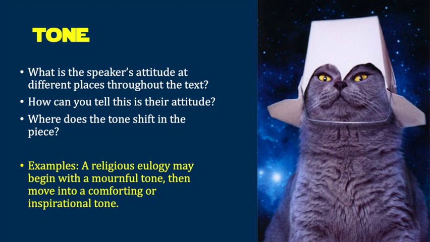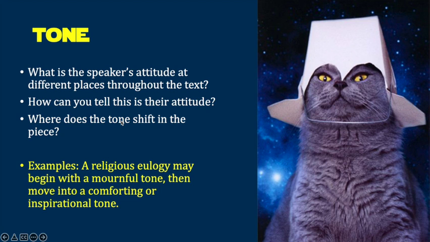All right, and then finally, tone. So, what is the speaker's attitude at different places throughout the text or talk? Just remember whenever we're referring to text, it may be something written, it may be spoken, it may be a visual image, but we're just using text as anything. How can you tell that this is their attitude?